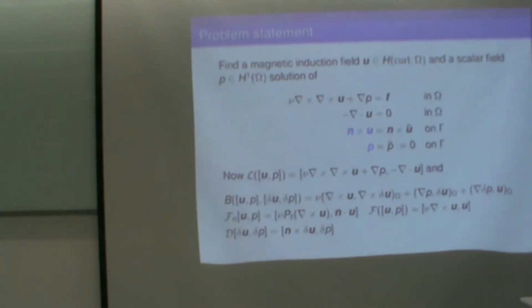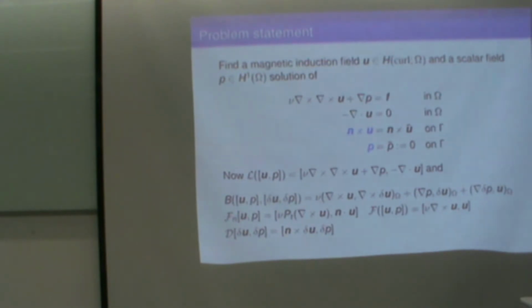Let me go to the last example. As I said, we have the analysis of all these methods. The last example is interesting because, in fact, we have two essential boundary conditions. This is Maxwell's problem. In Maxwell's problem, we want to look for a magnetic induction field U that satisfies these equations. And we have this solenoidal condition that, at the continuous level, holds exactly, but at the discrete level it is convenient to enforce it explicitly.